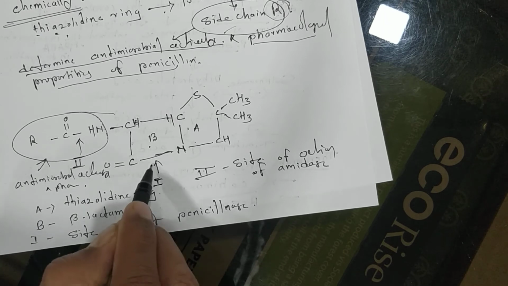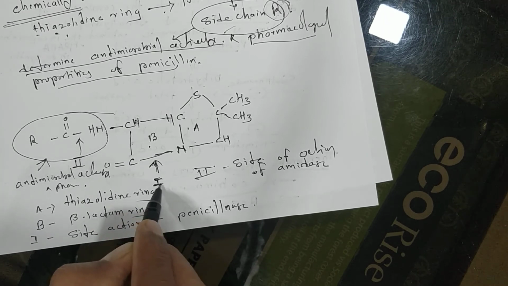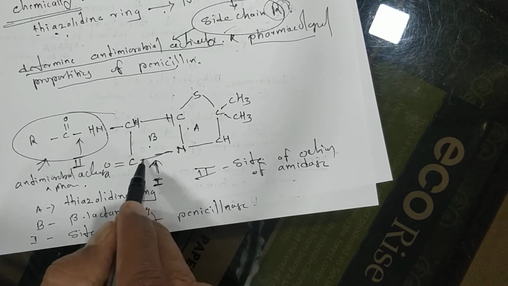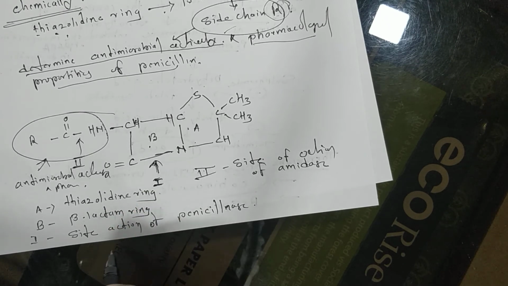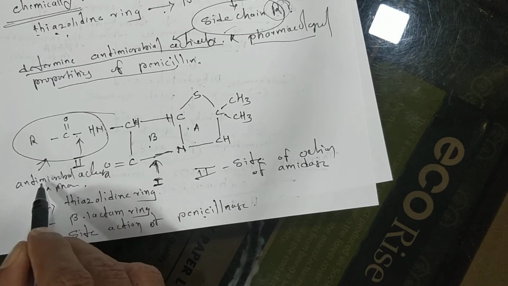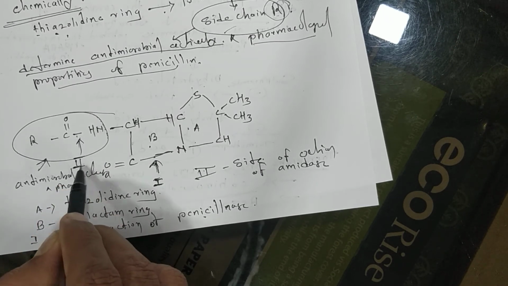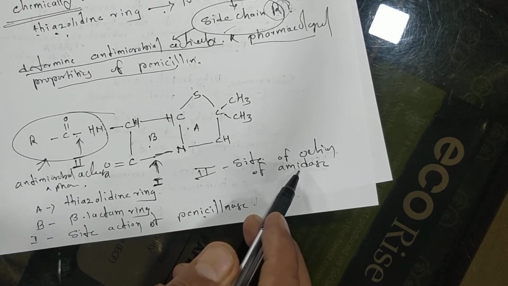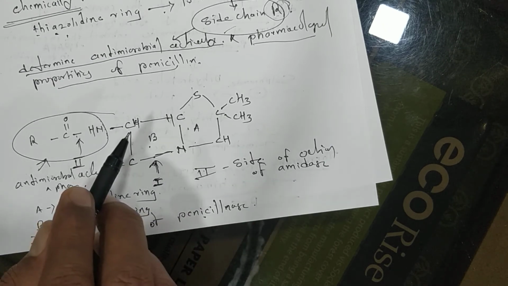Penicillinase enzyme acts at the first site, where the beta-lactam breaks, and the amidase enzyme acts at the second site.